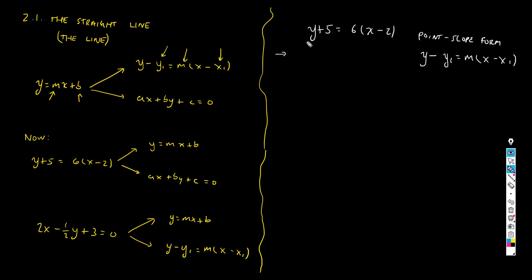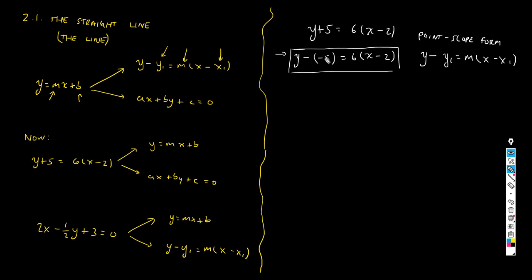In this way, look. I'm gonna write y, and I'm gonna transform this plus 5 into this. Look, minus 5 equals 6 times x minus 2. And if you notice, now this has exactly the form that is specified here, the point slope form.